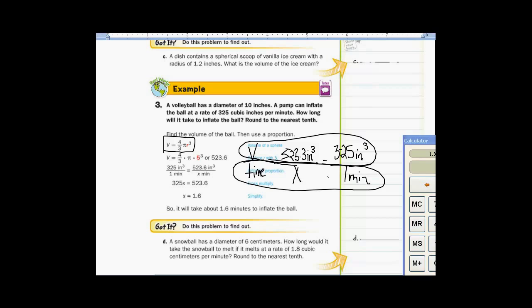All right, so when you solve a proportion, cross products are equal, we remember. So I've got 523.3 times 1. Well, that didn't change very much. 523.3 inches cubed times 1. Okay, and now we've got 325 times x.